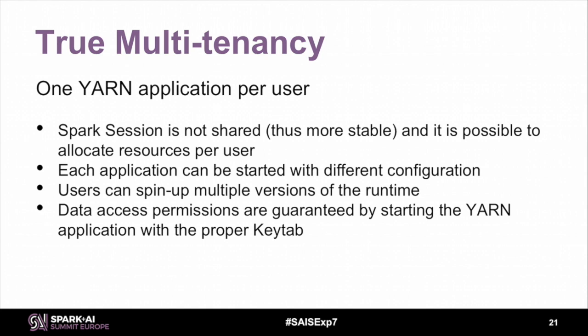Whenever some jobs are built, the user has to be able to rerun their own jobs with the specific binary version that they built the job with originally. By having multiple applications being spun up, we allow the user to decide which version of the binary he's going to use. And as I was mentioning before, data access permission.